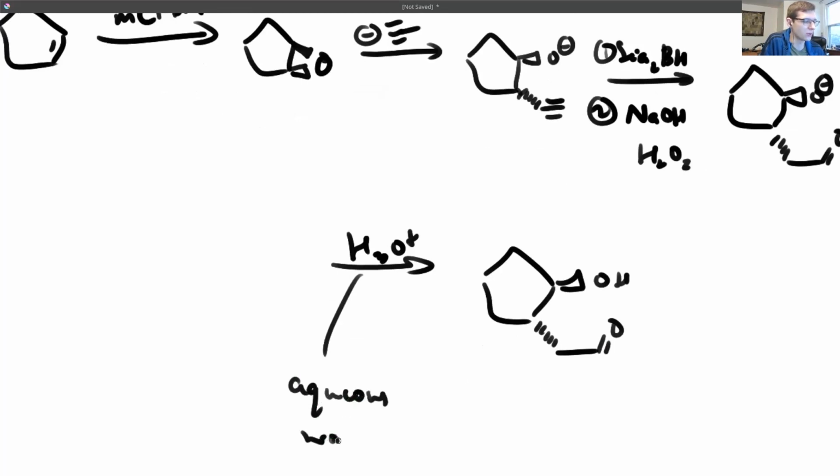It's super common at the end of reactions, so we can protonate our alcohols or protonate whatever there is to protonate. A really common final step. This is dilute, so it's not going to break any of your functional groups. It's not going to tear through your molecule.